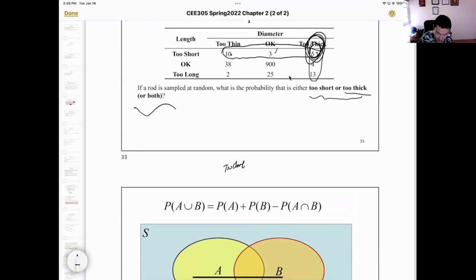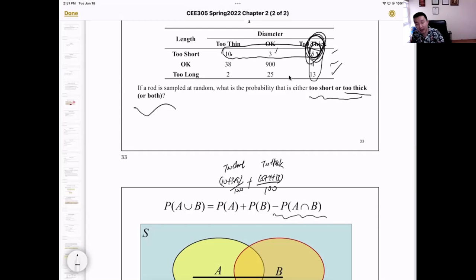And if we define B as too thick, P(B) will be 5 plus 4 plus 13 over 1,000. And we need to subtract P(A and B).